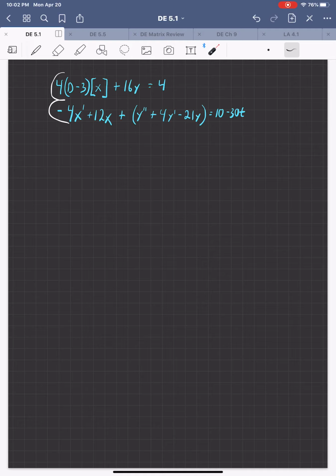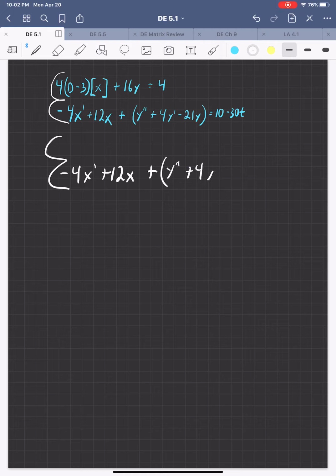Maybe this will be easier. Sometimes I have to change my mind. So I want you to make sure you understand that the x's are going to cancel out at this stage right here. So let me write. So it's negative 4x prime plus 12x plus y double prime plus 4y prime minus 21y is equal to 10 minus 30t. Okay.